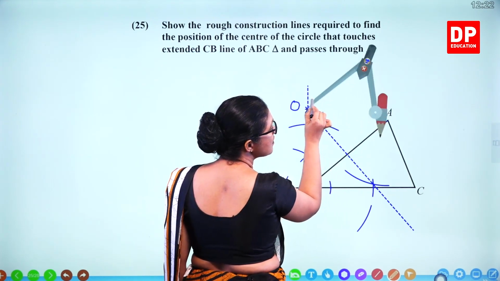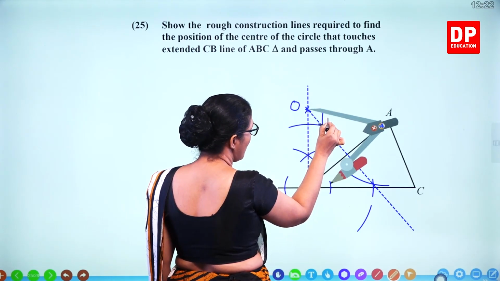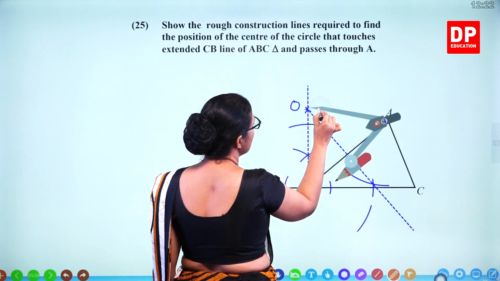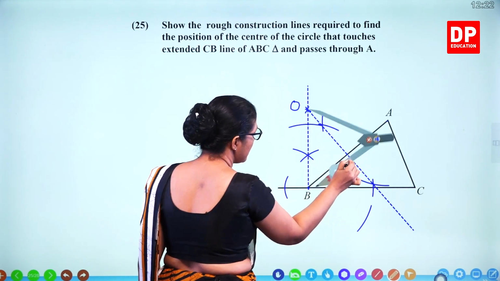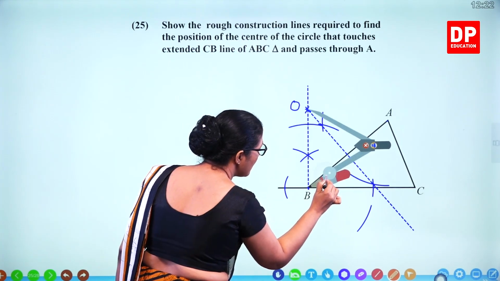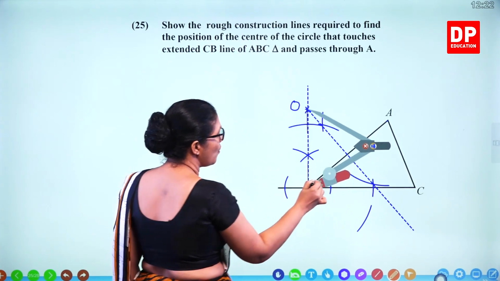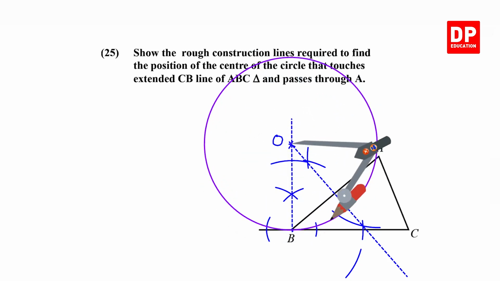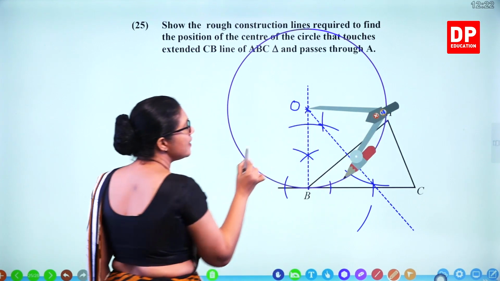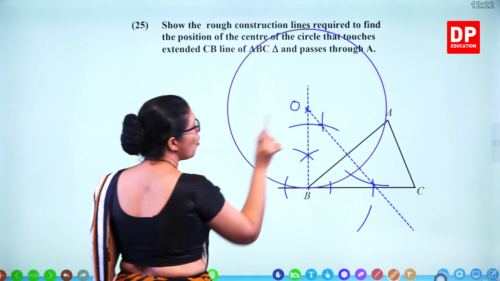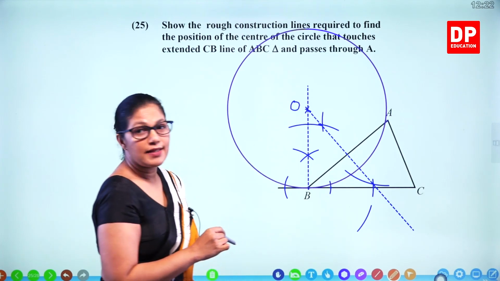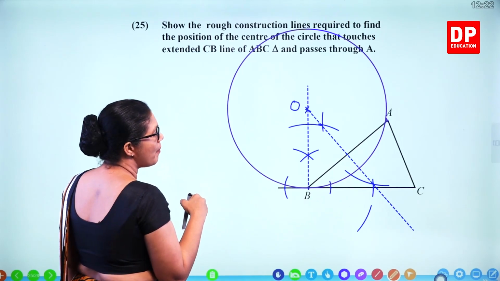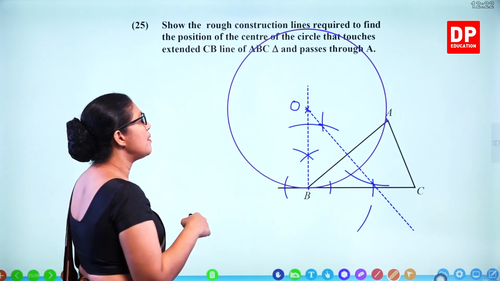Now check whether this passes through the point. Actually this should pass through this point, but here there's a small error in finding the intersecting point. So it passes through the A point and touches the CB produced.